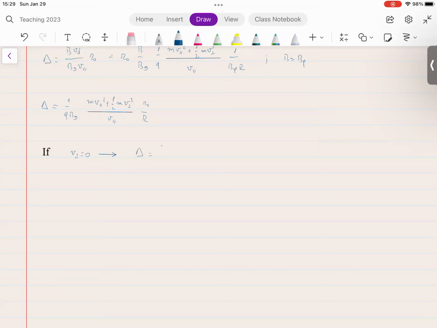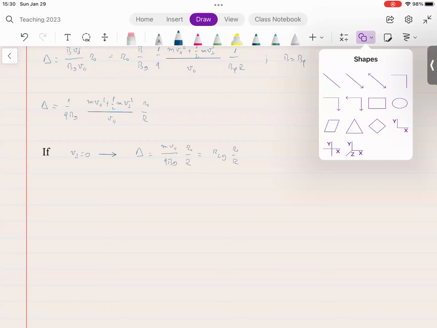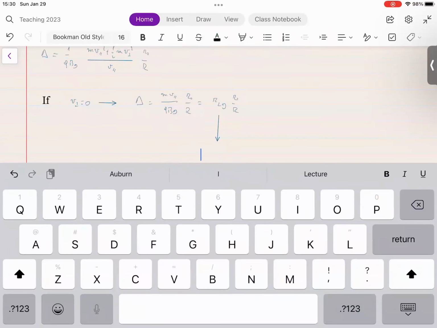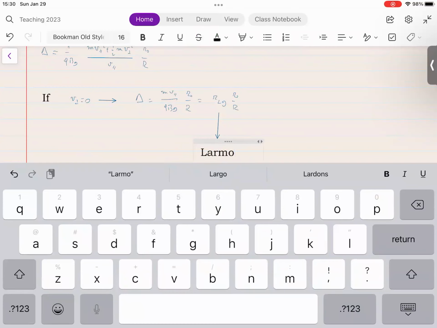Delta is going to be equal to V parallel over Q B theta times R naught over R, equal to R L theta times R naught over R. Where this quantity R L theta is the Larmor radius for a field that's B theta.